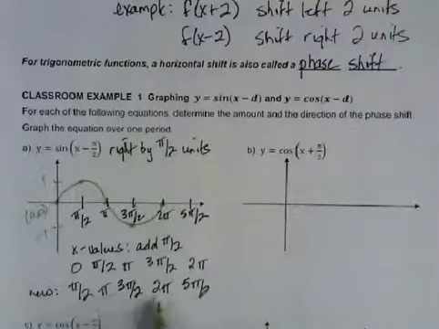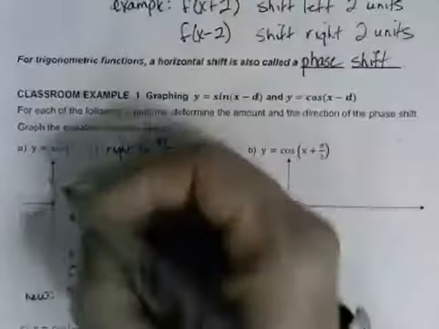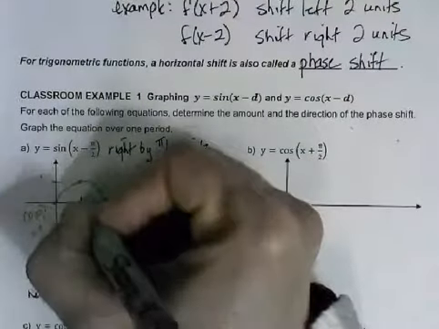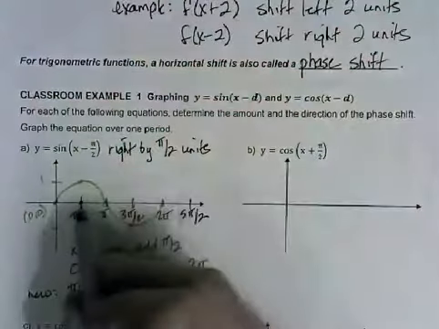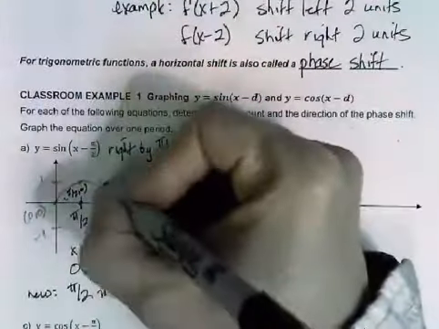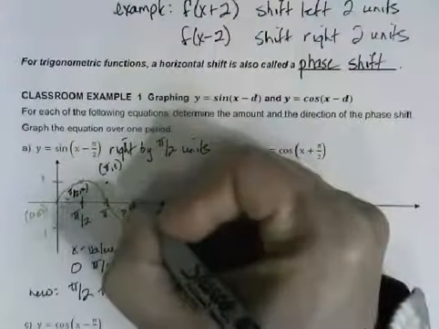With my new graph, with my 5 new locations for my key points, all it's going to do is take this and move the whole thing over. So my point 0, 0 is going to move over to the point pi over 2, 0. My point pi over 2, 1 is going to move over to pi, 1, and so on.